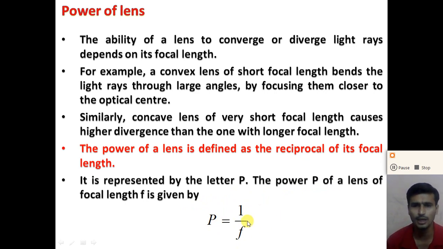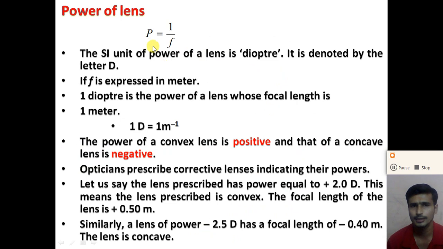So dear student, if f is more, we get the power less. Whereas if f is small, we get the power more.